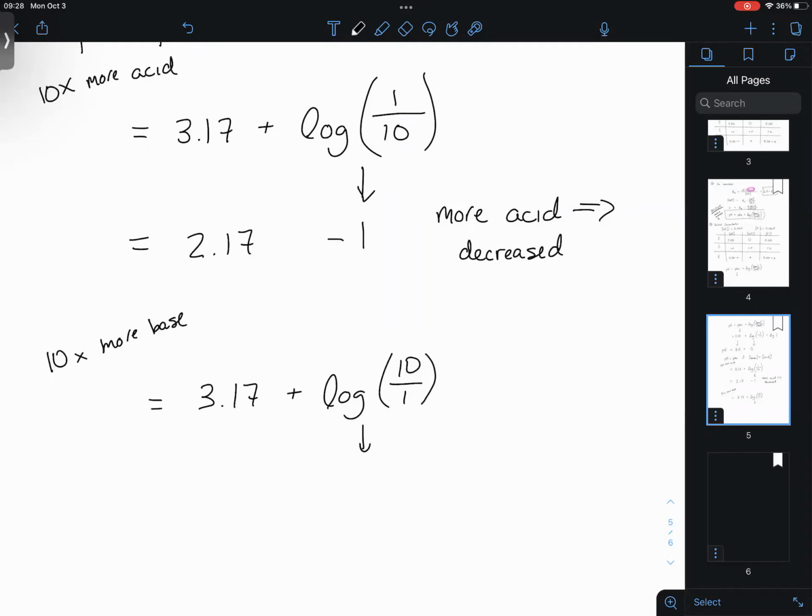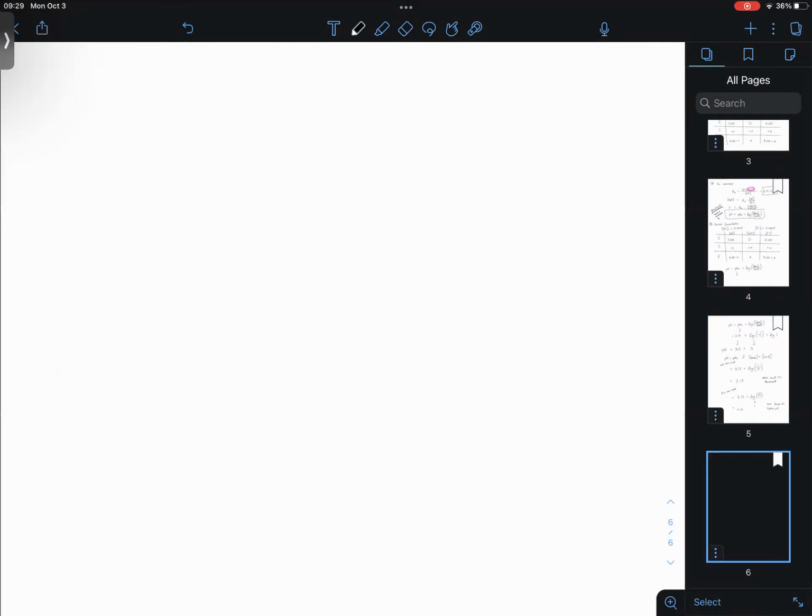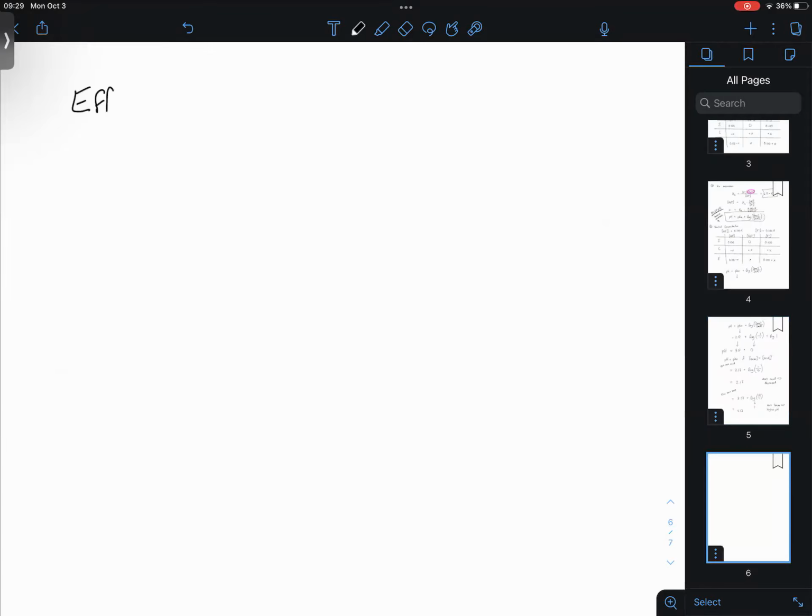So now we're increasing the pH by 1 unit, 1 pH unit. So this would be 4.17. Which, hopefully, makes sense. More of the base means that we have a higher pH. All right, and this is what we call the effective buffer range.